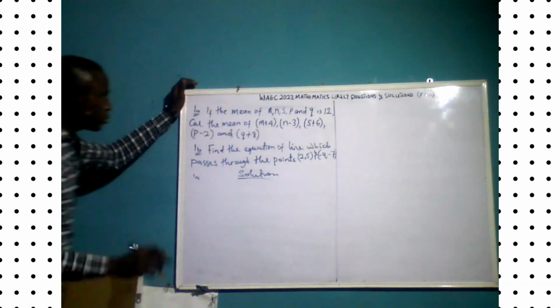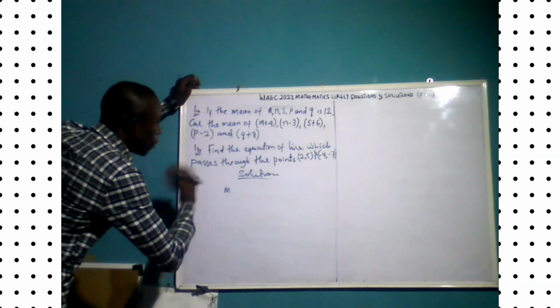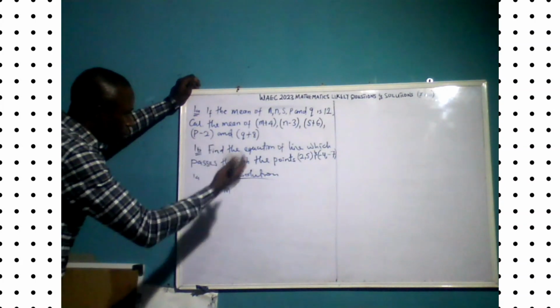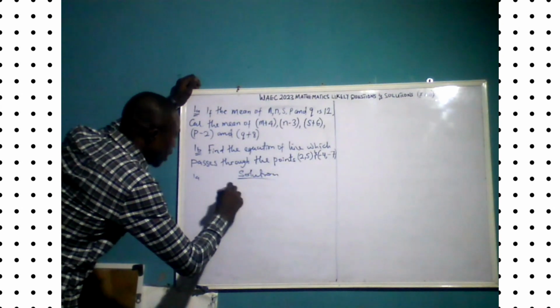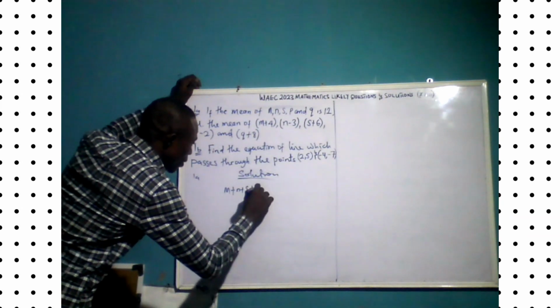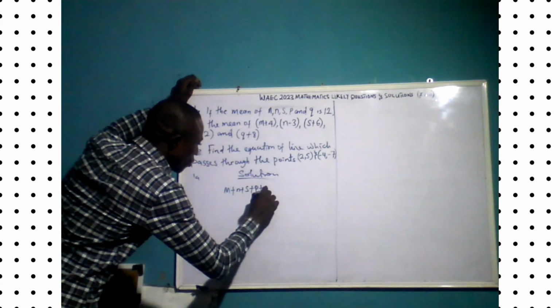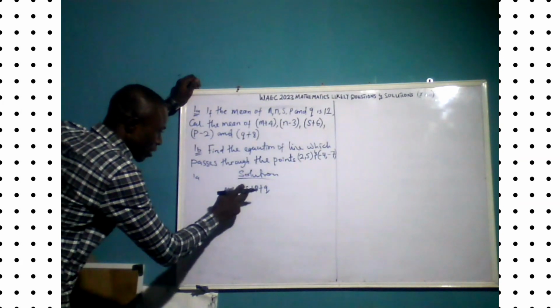Now we are told that the mean of m, n, s, p, and q is 12. That does mean that the sum of all these points, m plus n plus s plus p plus q, over the number of the points, we have how many points? 1, 2, 3, 4, 5.